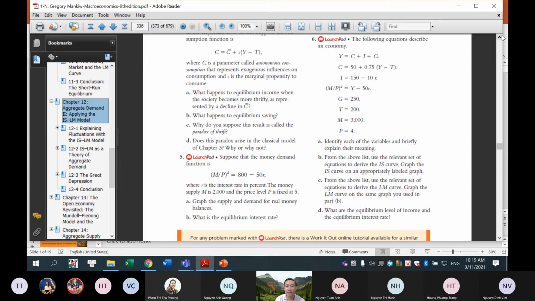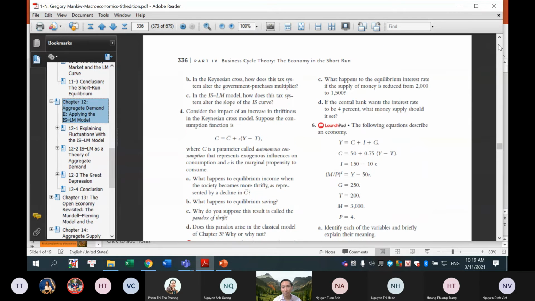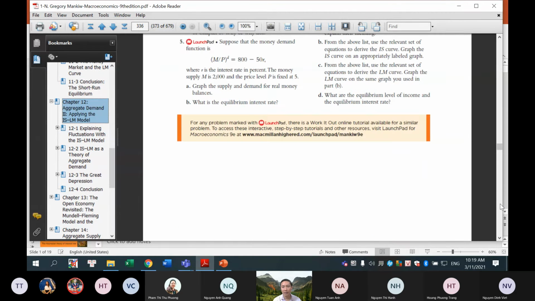Let's see exercise 6 in your textbook, the same chapter, on page 336 or 337.